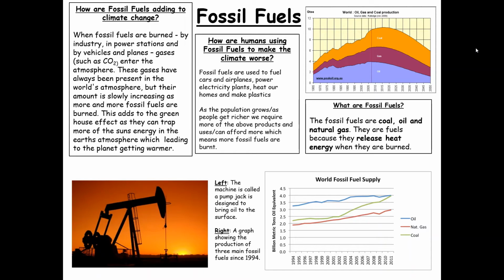And it's thought that since about 1750, there's about 30% more CO2 in the atmosphere than there was previously. So the burning of these fossil fuels plays a huge role in the warming of our planet. If you need to pause the video now and have a little read through this information, please do.